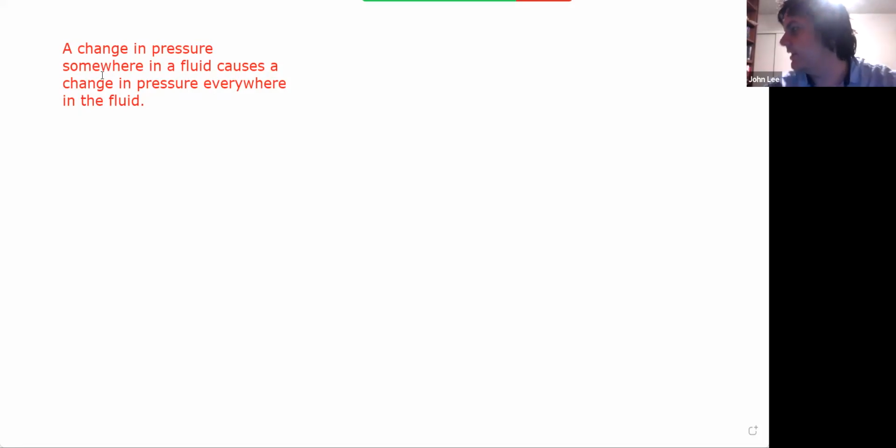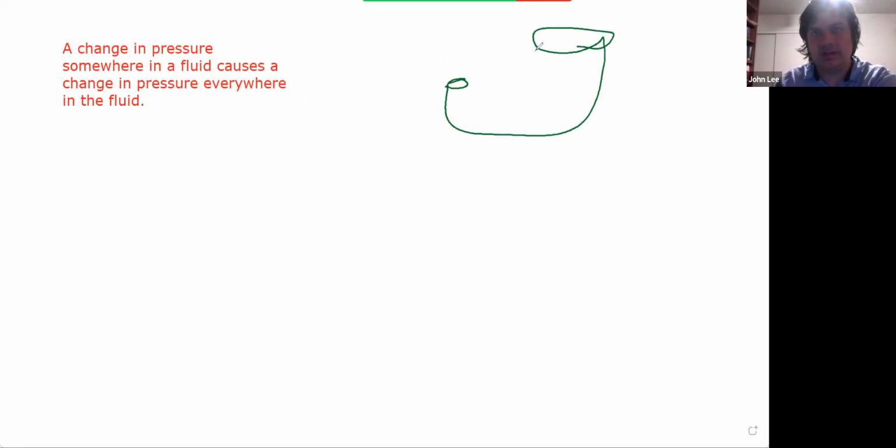It just says that if you press down here, then that's also going to have a change in pressure over on this side, and it keeps going over and over, causing a change in pressure everywhere in the material.